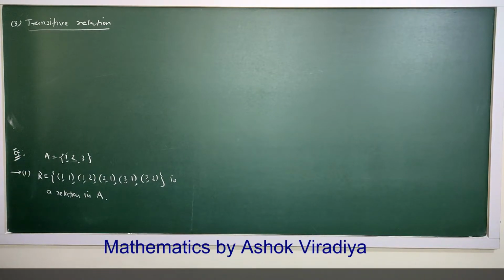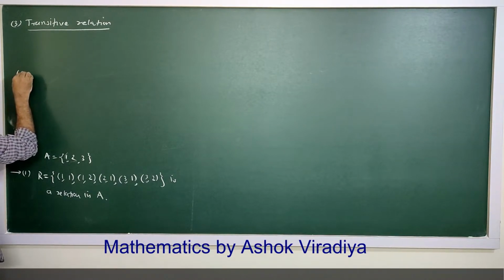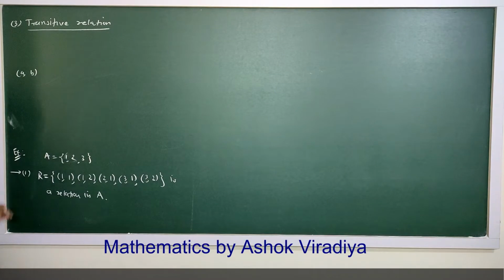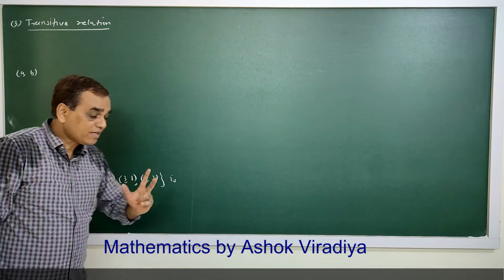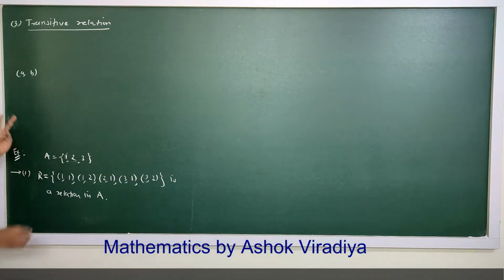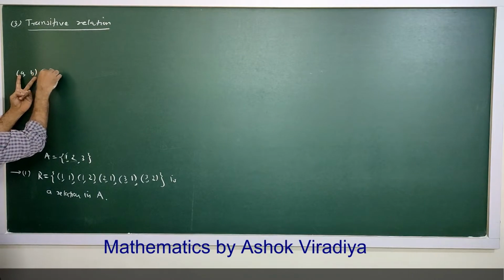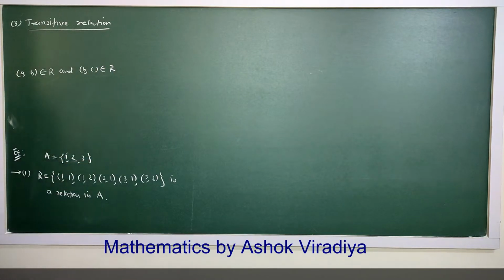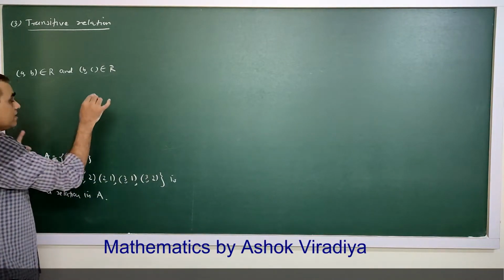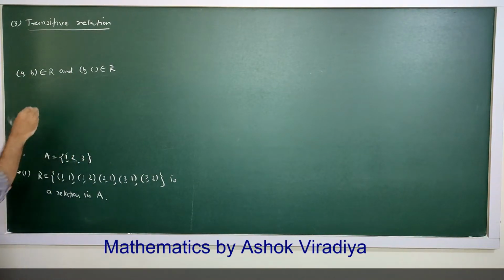Now what will we check for transitivity? In this relation we shall find a pair of elements, pair of elements means two elements, such that (a, b) is in R and (b, c) is in R. So we shall find such elements in which b is in common.